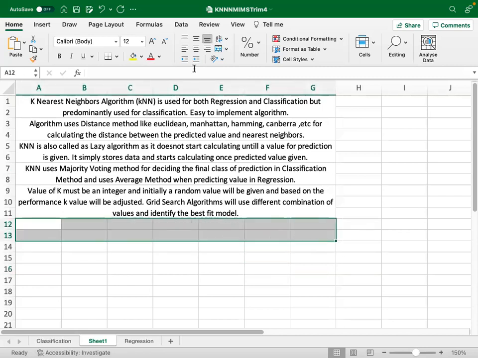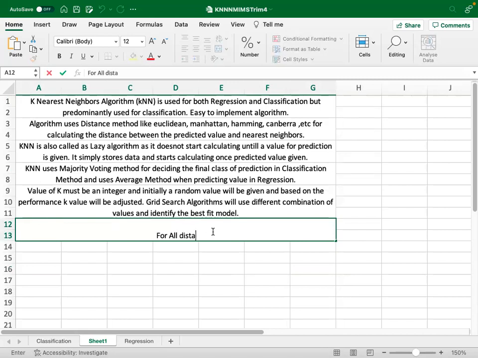Next thing is, for all distance-based algorithms, scaling must be done. Remember scaling? Predominantly we use the standard scaler.